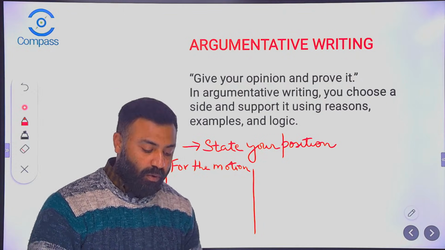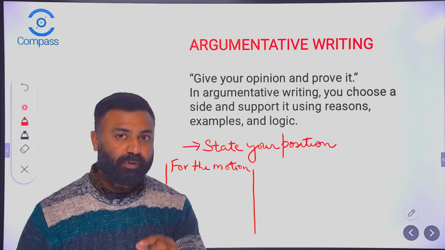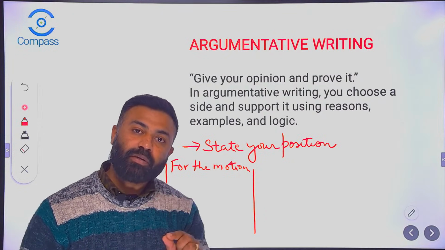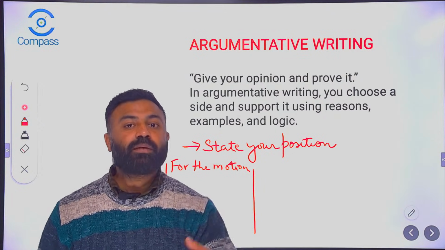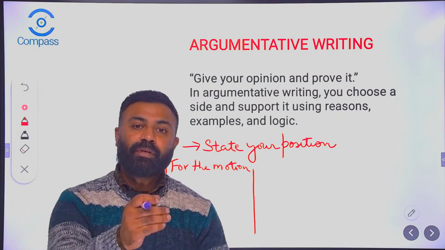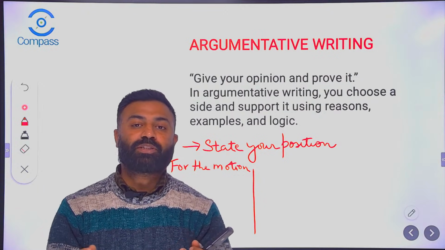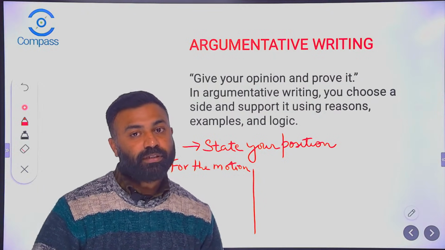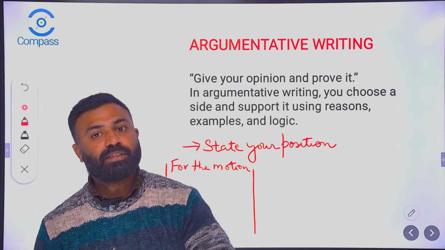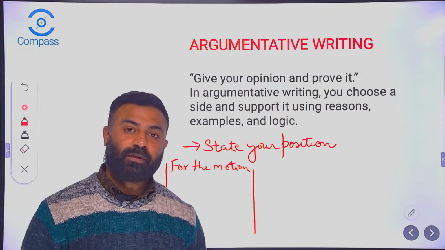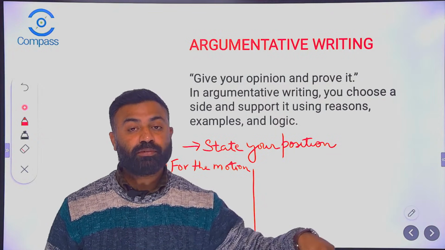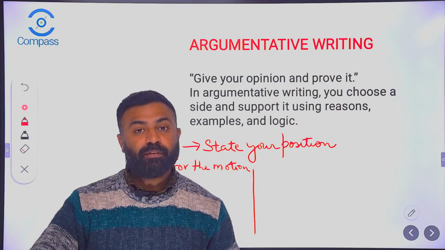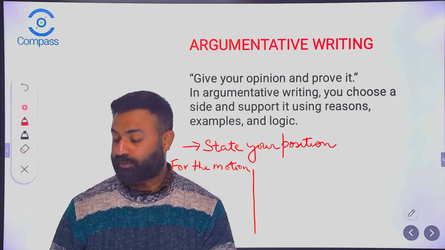Okay, now why is it necessary to state the position? Some children, they start opposing the motion, but in between they get lost. They divert and then they start speaking for the motion. So they started with against the motion, but in between they will jump into for the motion.